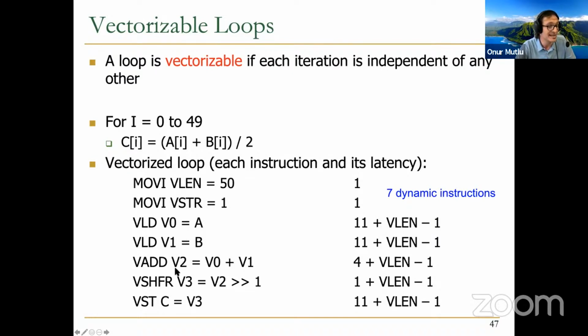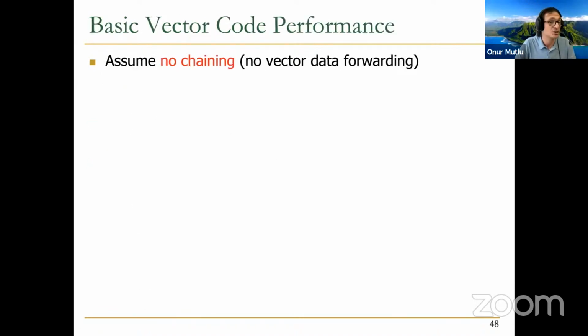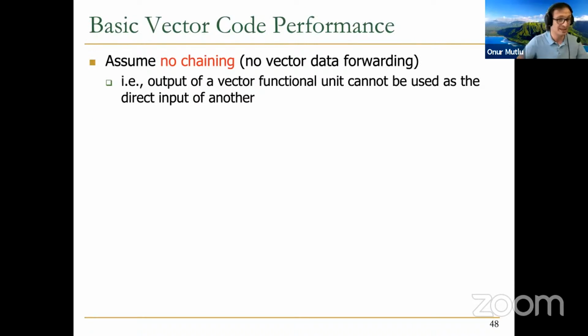Similarly, once add's first element is complete in vector register 2, we can start the shift. And then once that is complete, we can start the store. So basically, we don't need to have the full vector to be ready before we can start part of the next vector instruction. But we're going to assume conservatively that we don't even have chaining to begin with.